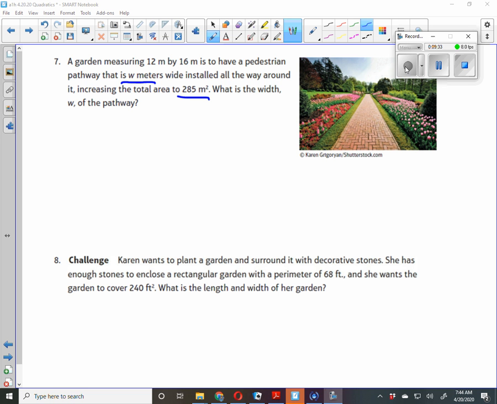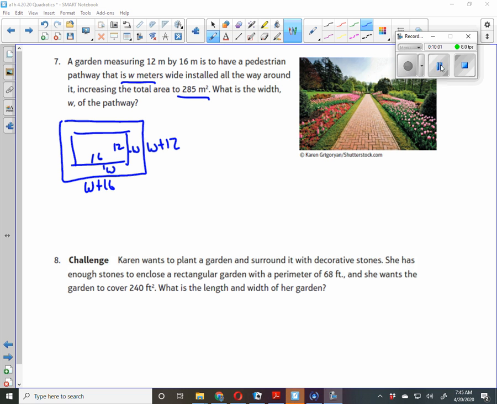We have a garden that we know is 16 and 12. We know we have a pathway that goes around it which enlarges this by W and here by W. So this becomes W plus 16 and W plus 12.